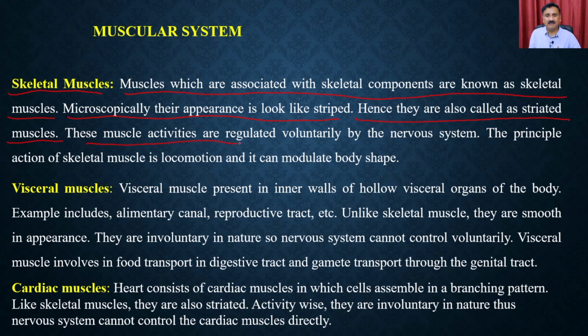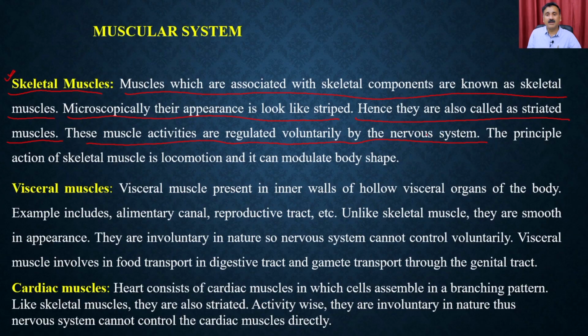These muscles' activities are regulated voluntarily by the nervous system, which means our brain can control their activities. So you can uplift your hand, you can do different types of activities with your hand, because the brain is sending the signal to these muscles. So these muscles are under the tight control of the nervous system.